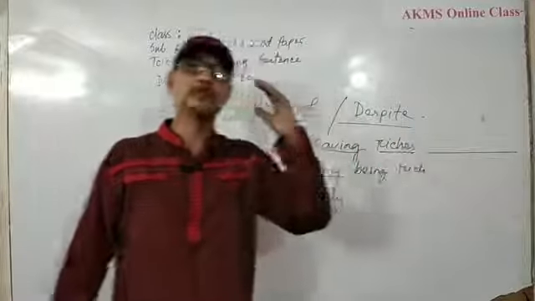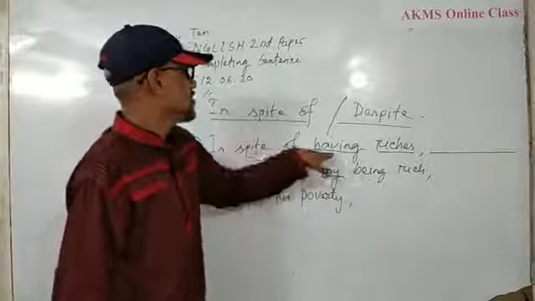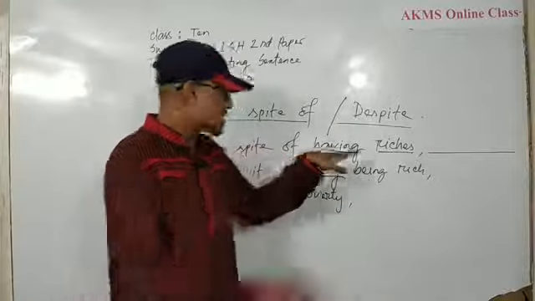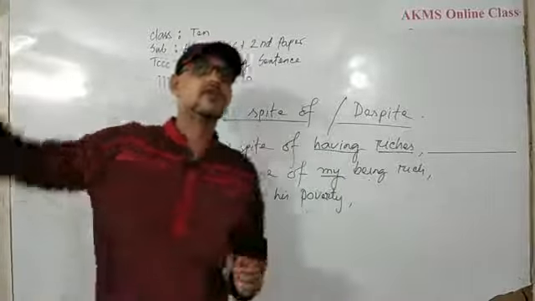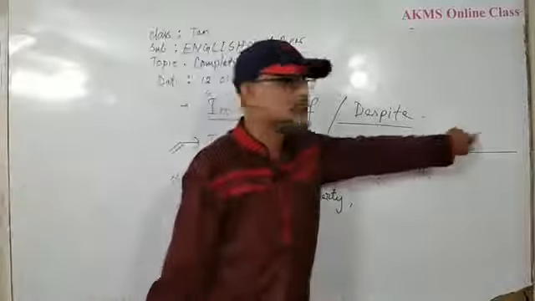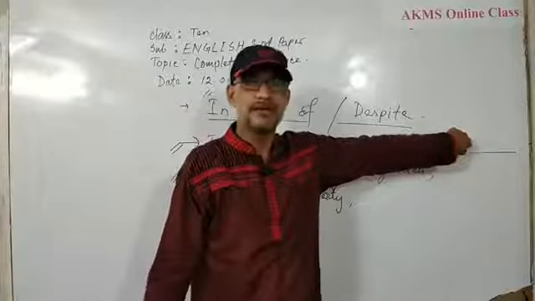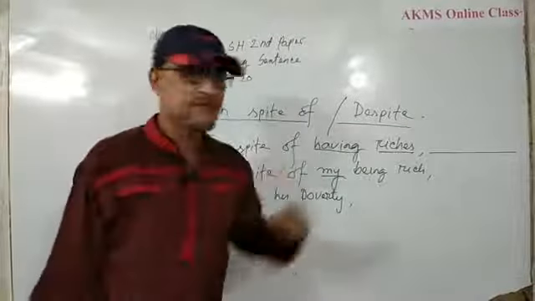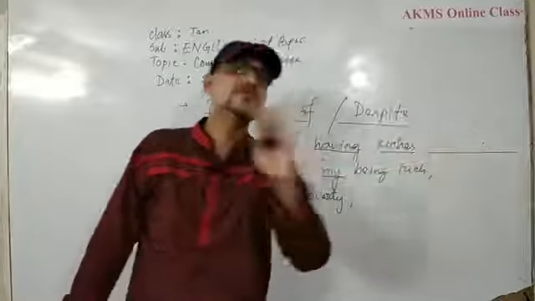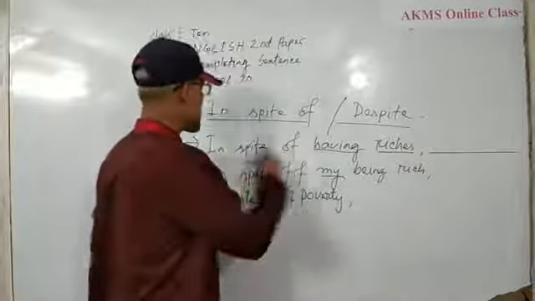But you should remember that the action of that phrase is going on from the past. So you should write a past tense here. In spite of having riches, you can use a past tense. You can also use a present tense. Look at the board.